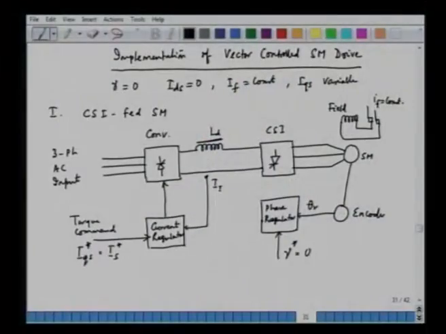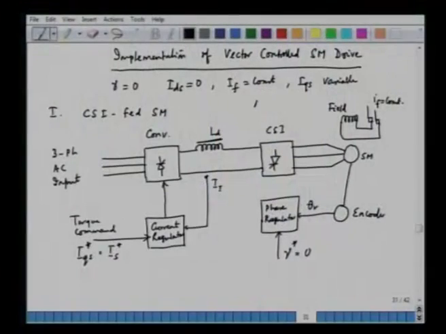Now, when we go for this current regulation, we know that this CSI is an auto sequentially commutated CSI. Here there is a phenomenon called overlap.